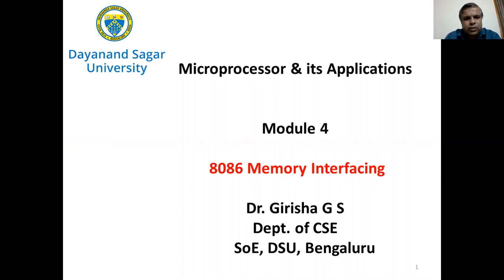So in this class, we will learn how an 8086 microprocessor is interfaced with memory. In the previous class, we learned the basic components of memory, such as what is memory, types of memory, memory pin connections, memory address decoding, and the different decoder circuitry.